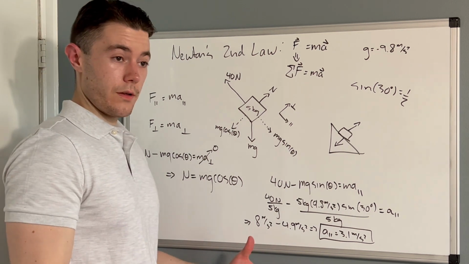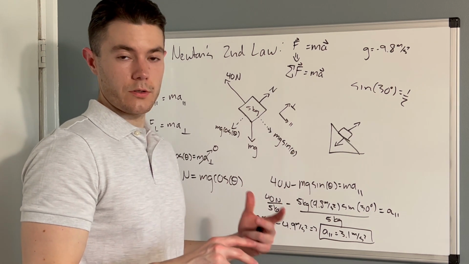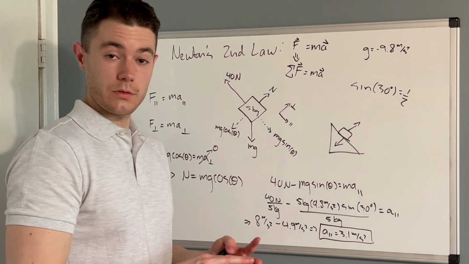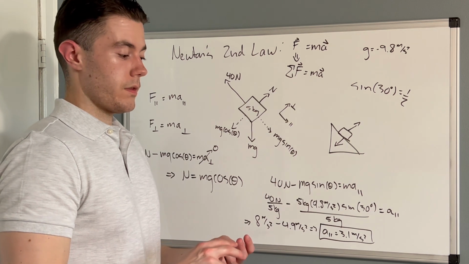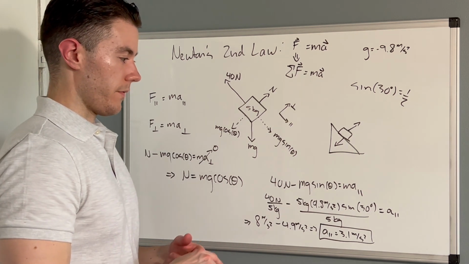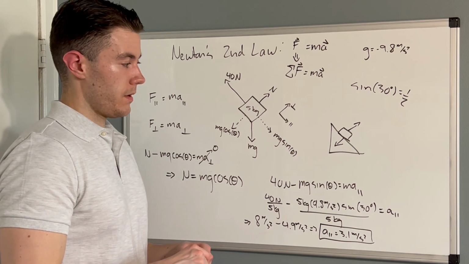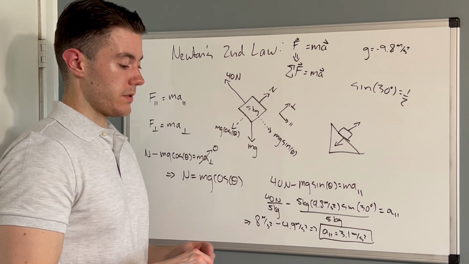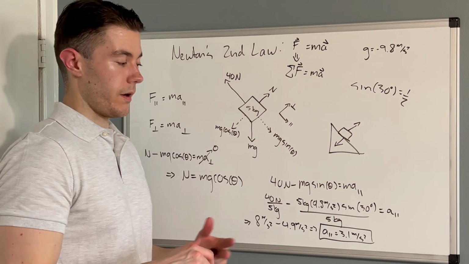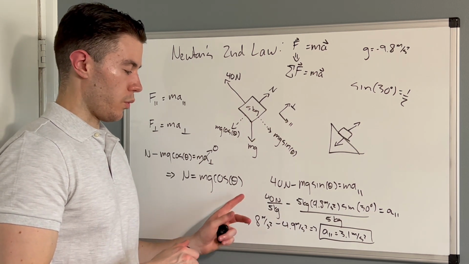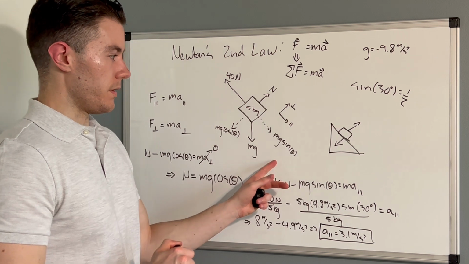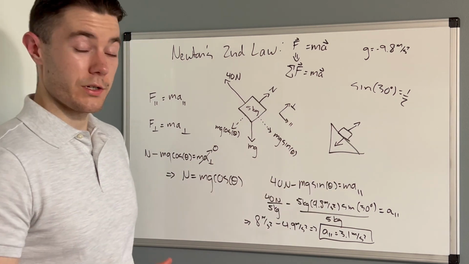So what I've shown in this video is I've gone over Newton's 3 laws. I've given an example of an application of Newton's second law and solved the problem of how to do that. This is actually quite a simple problem. The incline was frictionless.